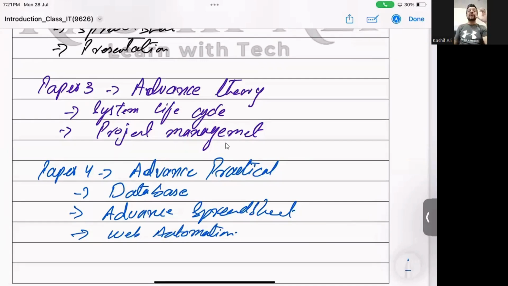Whenever we talk about the integration, whenever we talk about the database, whenever web authoring, it is about HTML, CSS, Java. This type of thing you are going to learn.